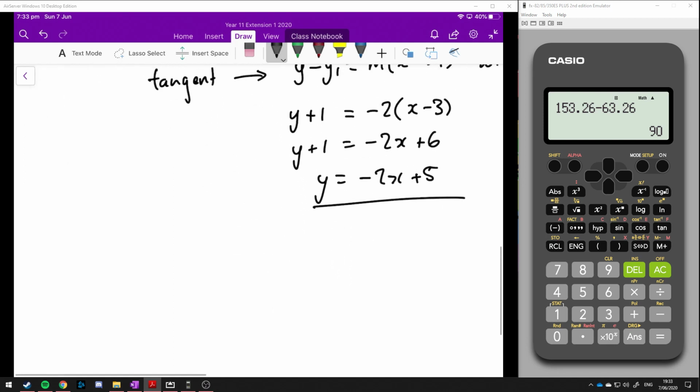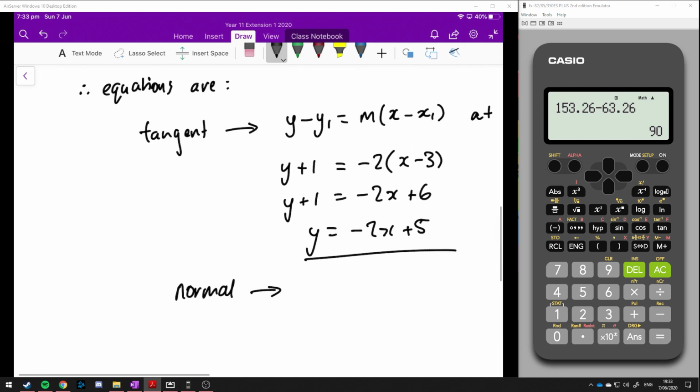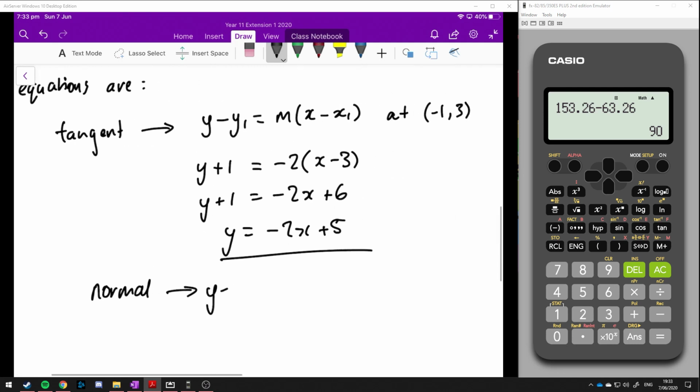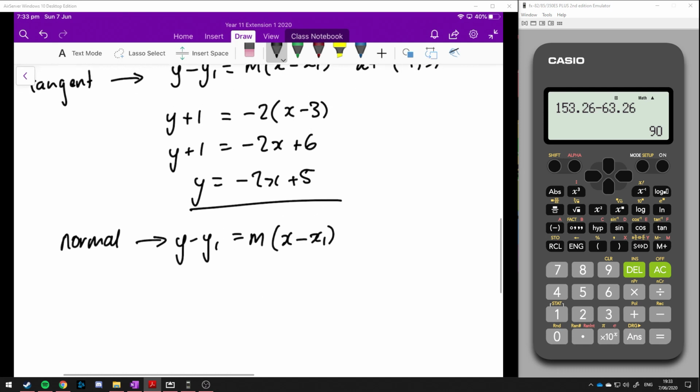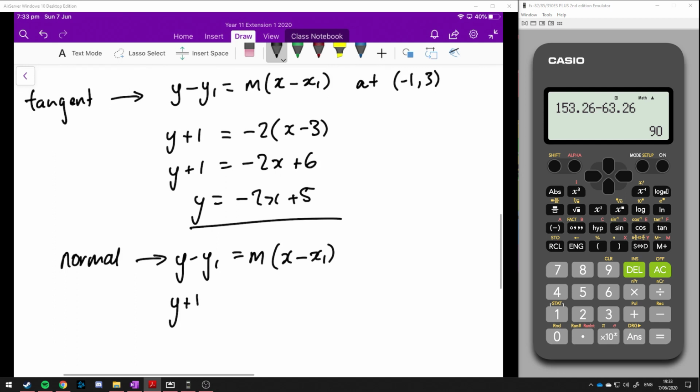And the normal. We're going to do the same thing. We're going to use y minus y1 is equal to m lots of x minus x1. We use the same point again. The only thing that changes is that our gradient, instead of being negative 2, is going to be a half. So x minus 3.